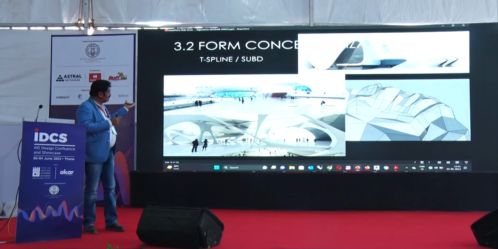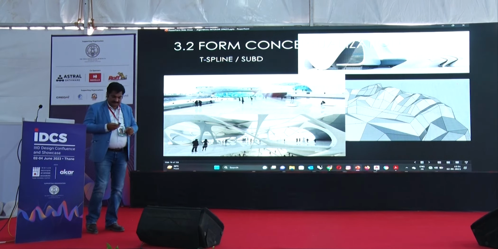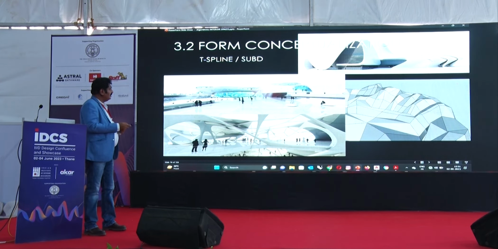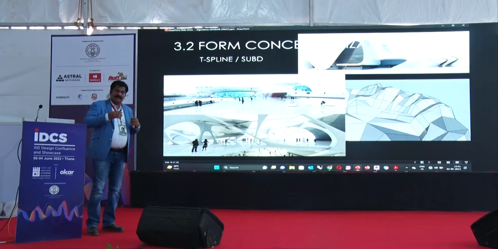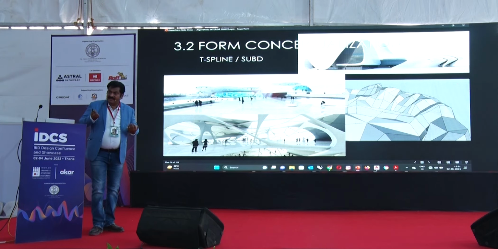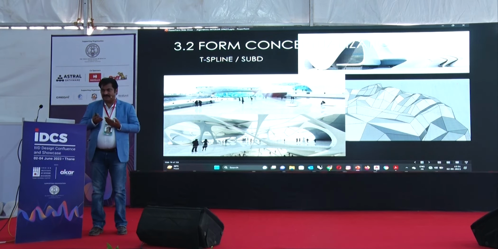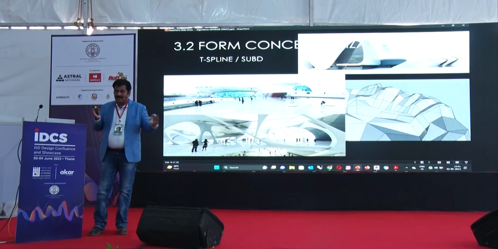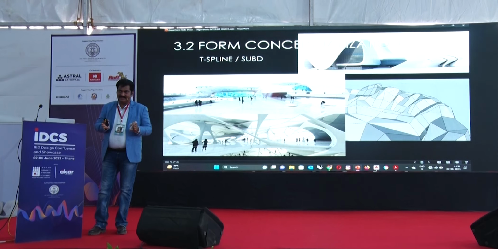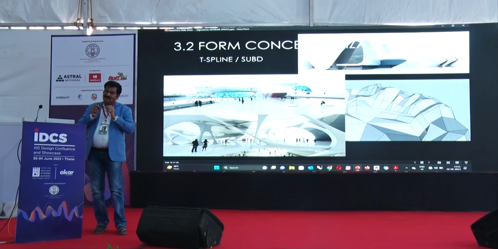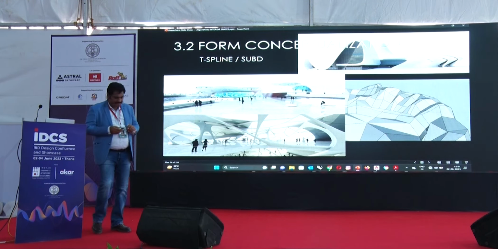So I was using T-Spline before, now I'm using SubD. There are many international firms using it, and I want you people to explore this. I cannot teach you everything in a small presentation like this, but I'm just giving you an orientation to it.